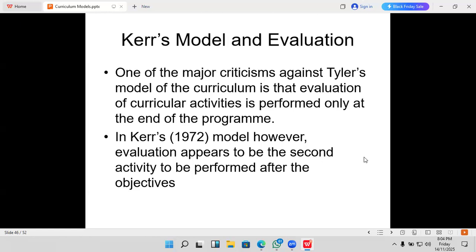That is, we are comparing with Kerr's 1972 model. However, evaluation appears to be the second activity to be performed after objectives.